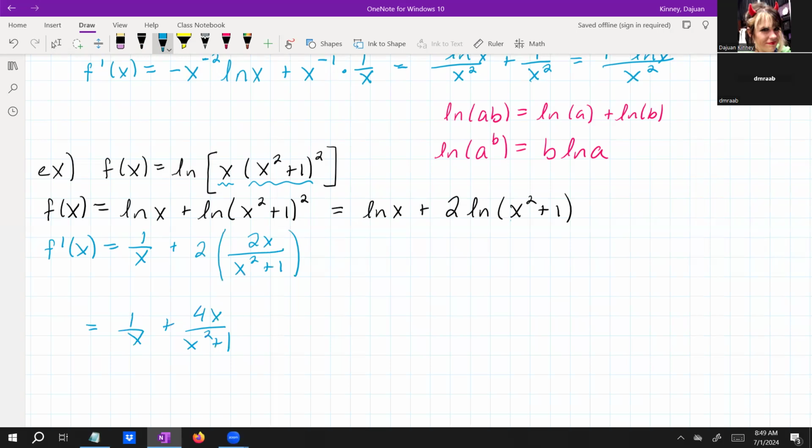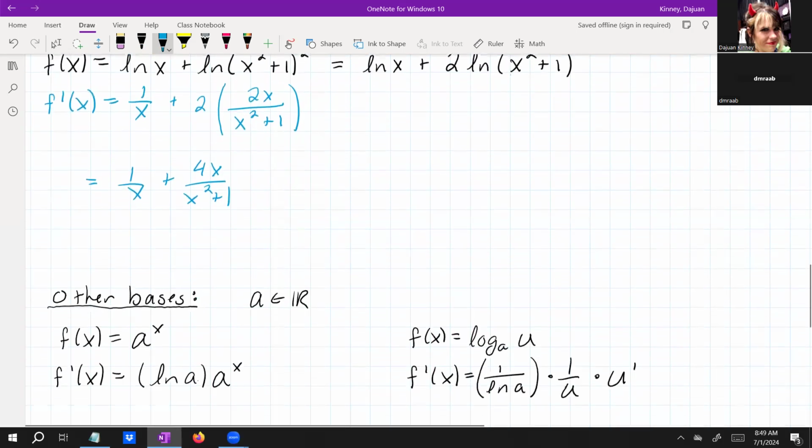So I'm just going to leave that. A lot of these problems are nice because we can take this really complicated thing on the inside, spread it out, and make it a lot nicer. You can take a really complicated fraction where you need to take the regular derivative of that and use this as well. I don't know that our book goes through that section, but if you're curious, let me know. I can show you that.